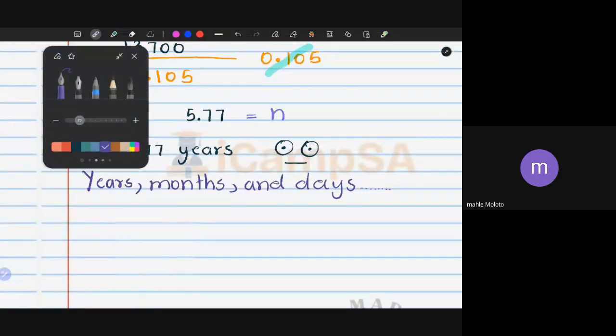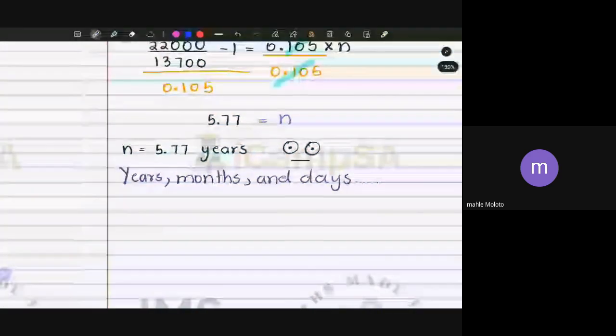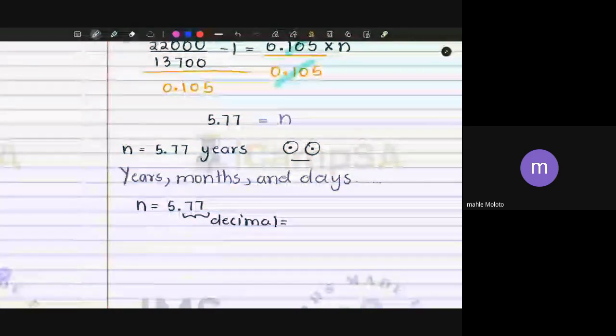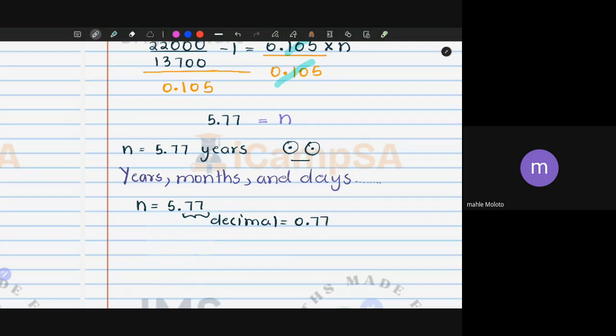0.77. So here's what I want to remind you, which we covered on the last lesson. Our n is 5.77. This decimal here, which is 0.77, we need to convert that to months, because we know that this is 0.77 years, but we don't know what that means. So how do we get to months?